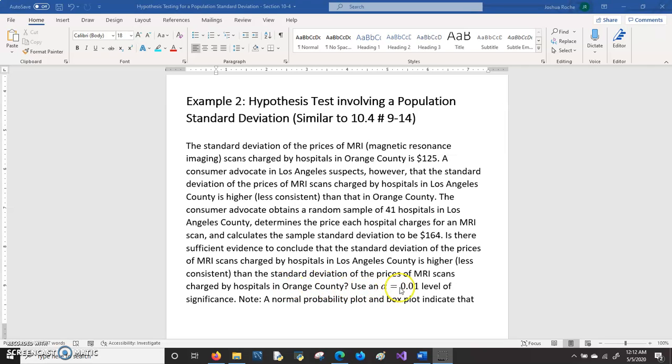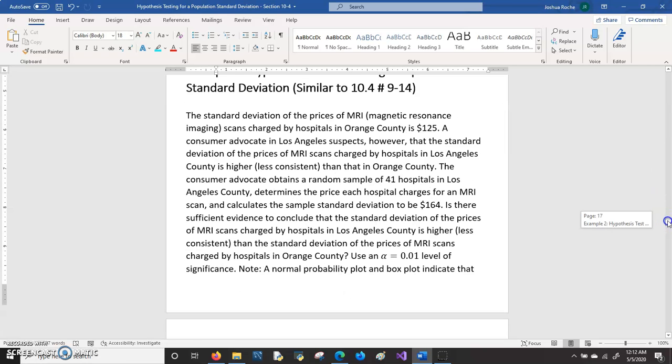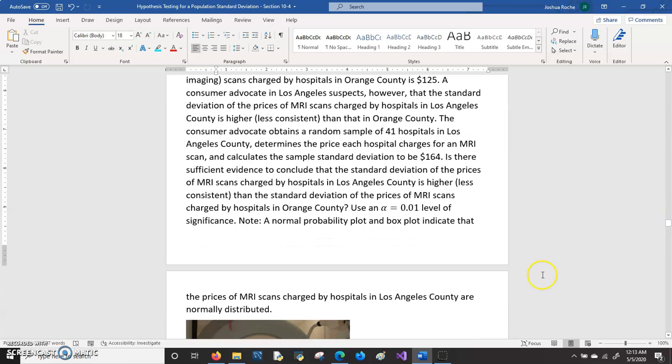Use an alpha of 0.01 level of significance. Also note that a normal probability plot and box plot indicate that the prices of MRI scans charged by hospitals in Los Angeles County are normally distributed.